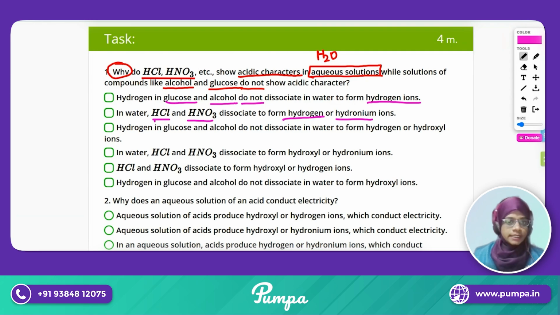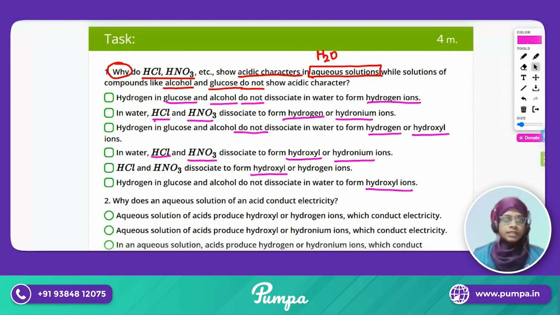The third: glucose and alcohol do not dissociate to form hydrogen or hydroxyl ions, and in water HCl and HNO3 dissociate to form hydroxyl or hydronium ions. The other two options also mention hydroxyl.